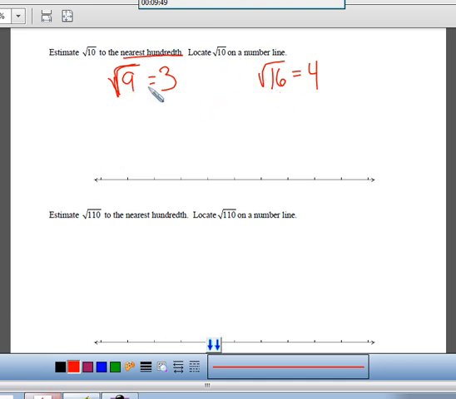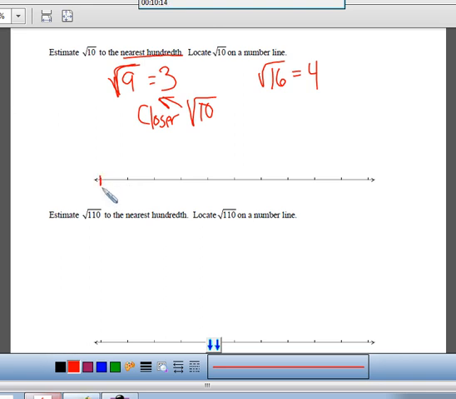Now think about it. 10 is obviously really close to 9. In fact, it's way close. So now if we wanted to, let's do this a different way on the number line.